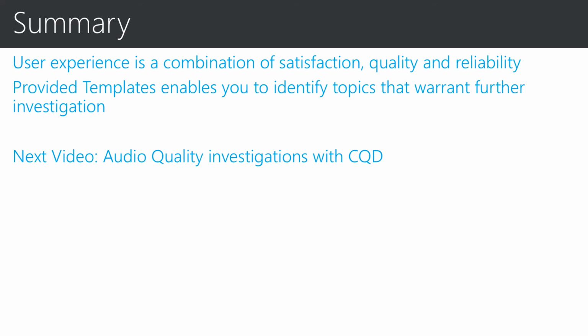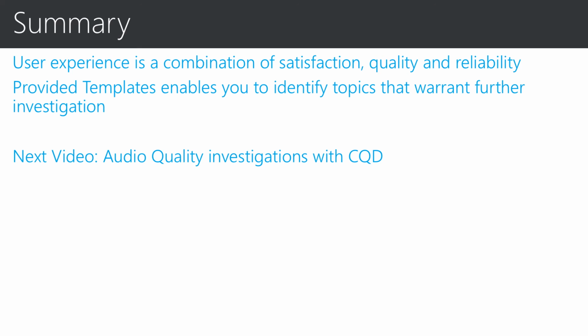This concludes this video. In summary, we've been talking about the following elements. The user experience is a combination of user satisfaction, call quality, and call reliability. Use the template provided to investigate quality and reliability, and investigate them by considering the various buckets, which are network, endpoints, and service. We've also talked you through how to identify a hot area.